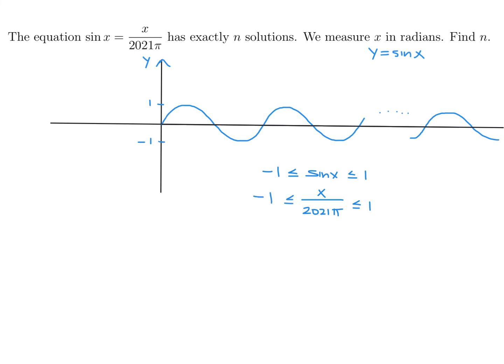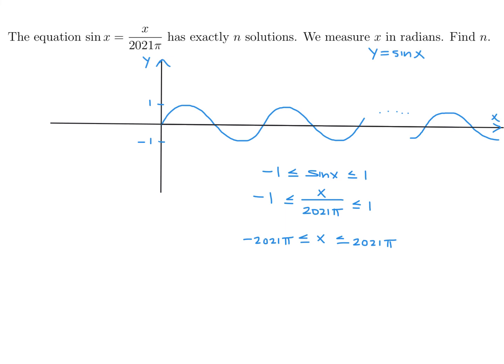Because sine of x is equal to x over 2021 pi according to the question. Okay. So that means that if we multiply everything through by 2021 pi, we get 2021 pi and -2021 pi, like that.